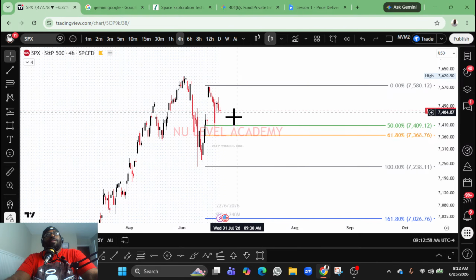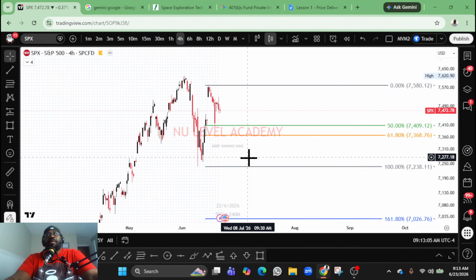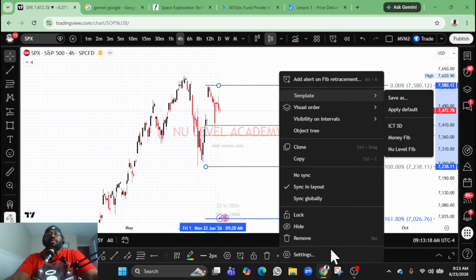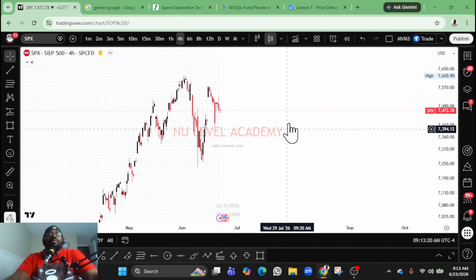On SPX, it still has room to be able to go lower, in my opinion, from here. And we could definitely be seeing the 7200s very fairly soon on SPX overall.